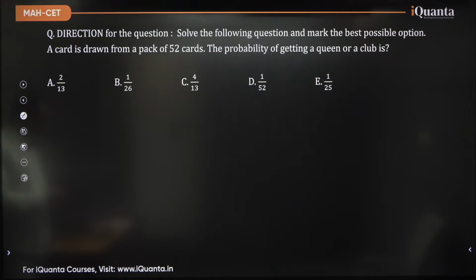If you know anything about deck of cards, then this should be easy to solve.